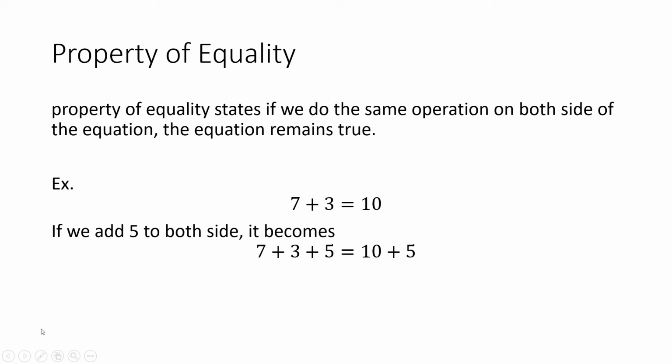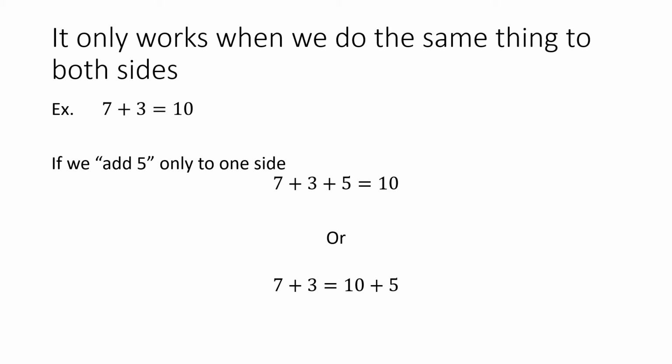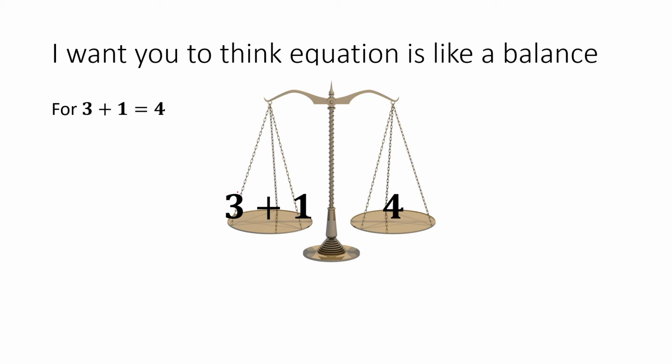Now what happens if instead we only add 5 on one side of the scale? Going back, we have 7 plus 3 and 10 on the right side, and if you add 5 only to the right side, what happens? The scale becomes uneven. It tilts kind of like this, because 10 plus 5 is heavier than 7 plus 3. Same thing goes if you only add 5 on the other side.